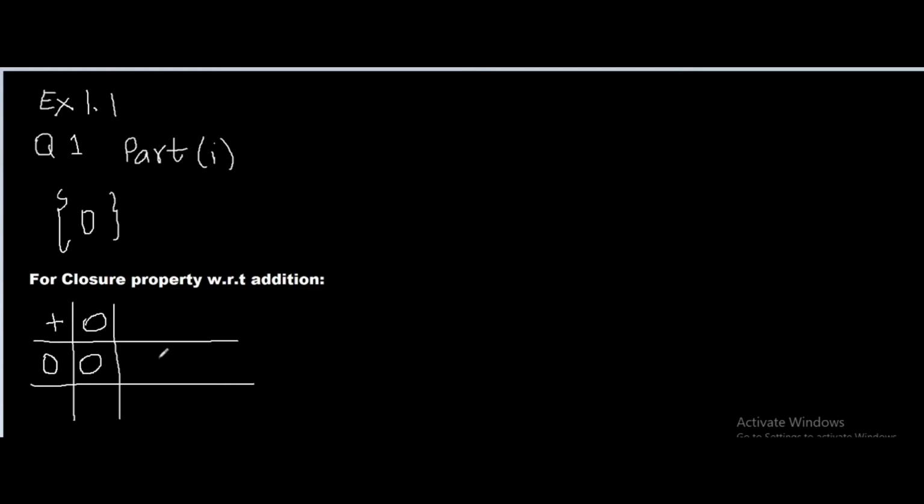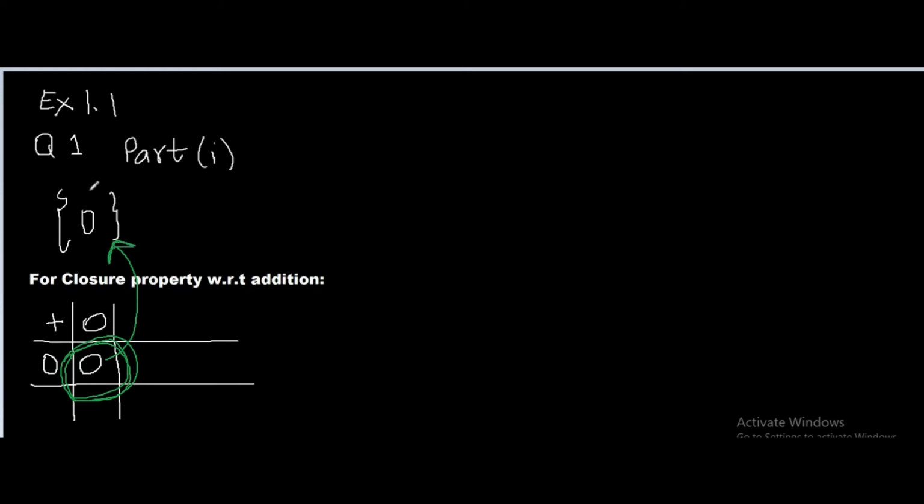Now since there is no other box to be filled, because all of the results have been taken, you will see what the result is and what its relation is with the given set. This is the resultant, which is the output of the plus operation of all of the members. This is only one output, and if you check this output in this set, does this entry exist in the given set?